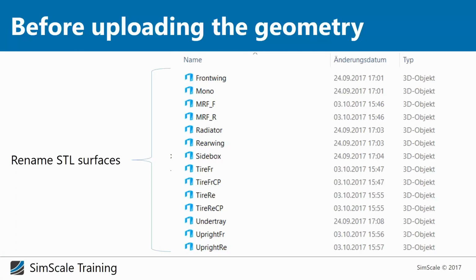the most common file format for the SimScale platform is the STL file format, and make sure that you rename the STL surfaces after exporting them from CAD, because if you export them from the CAD system, then they have some kind of cryptic names, and if you want to rapidly set up a simulation, you won't know which surface is from which part.